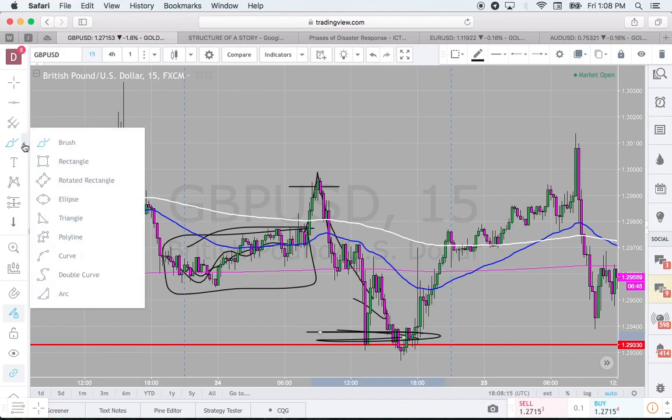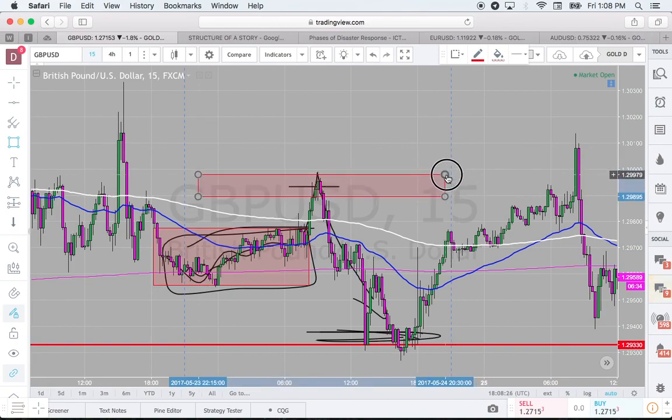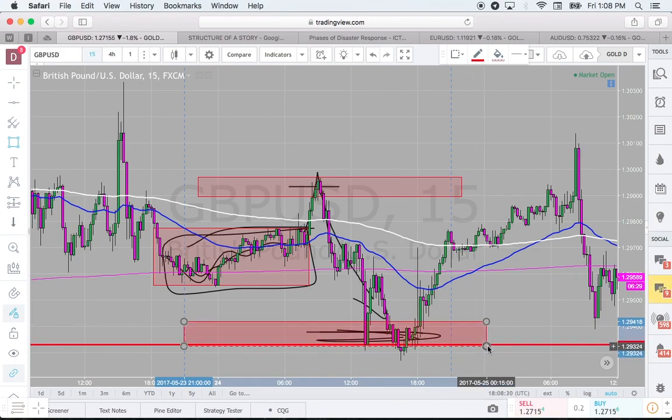So, for a better representation, here is the chunk of consolidation, right? Here is the retail traders stop losses of both buyers and sellers.